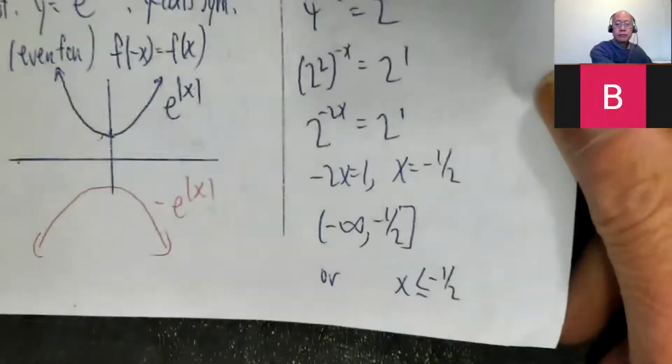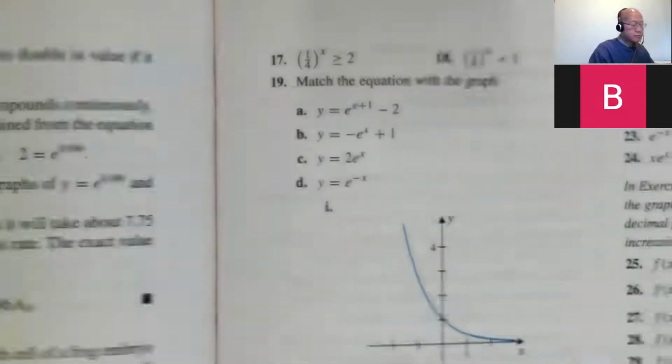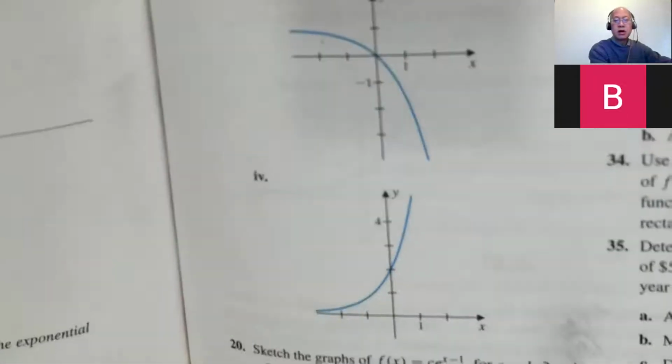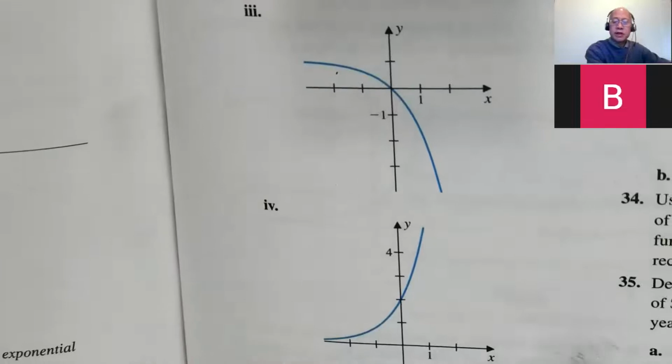Okay. All right, then last one is 19. It's a multiple choice. And then I think I'm done. So 19, A, B, C, D with 1, 2, 3, and 4. Okay, I notice for 2 and 4, the graphs are increasing.